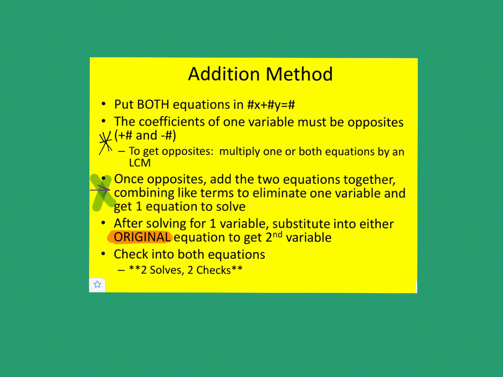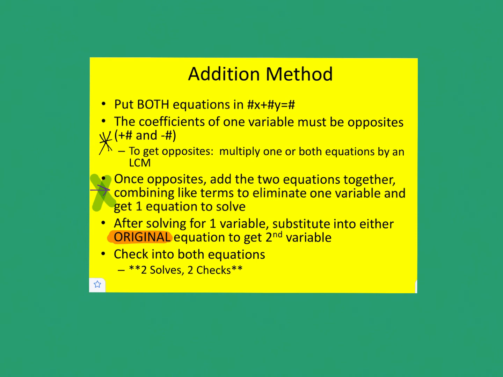Once you have the opposites, we add those two equations together, combining like terms. One of our variables should eliminate at this point. That's the whole purpose. And we solve. We get a number value for one of our variables, and then we can substitute that. So let's say we got x equals 3. We can substitute that back into one of the originals and solve for y.